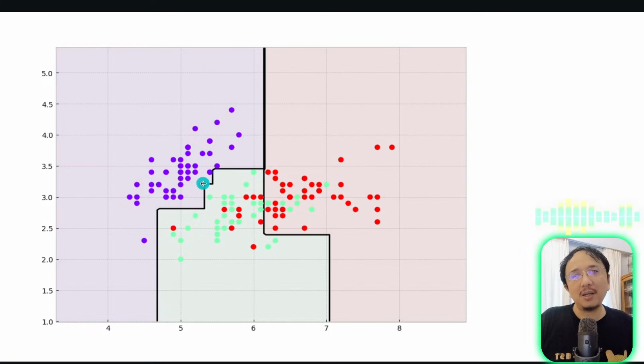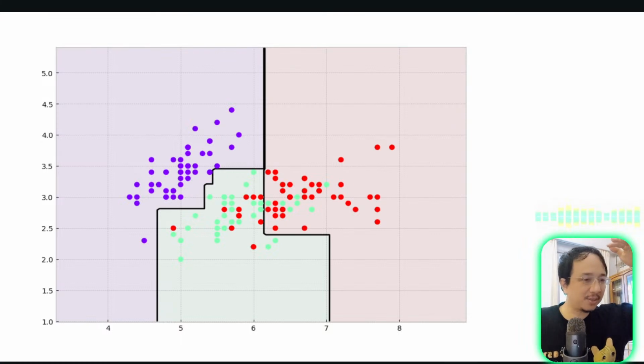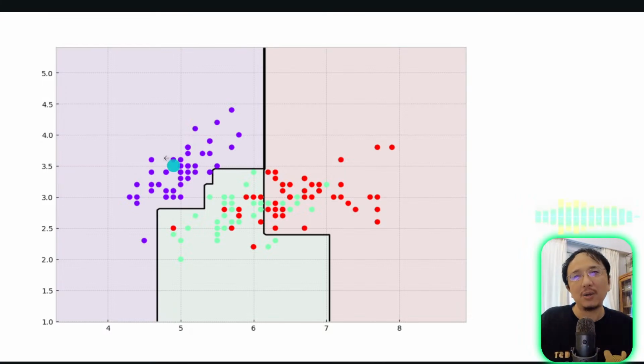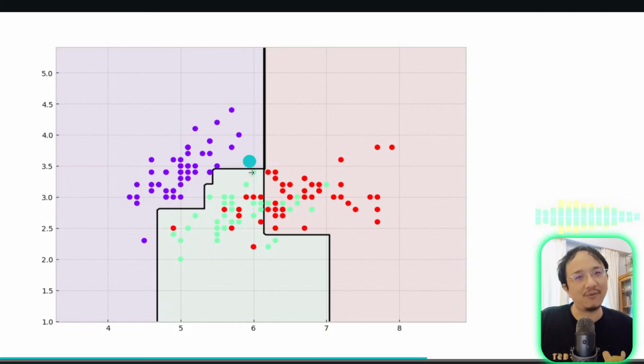How many turns there are depends on the depth of your tree. If you have more depth, then you will have more turns like this one. If you only have one depth, you probably have just a straight line, and it is not any straight line. It is either vertical or horizontal.